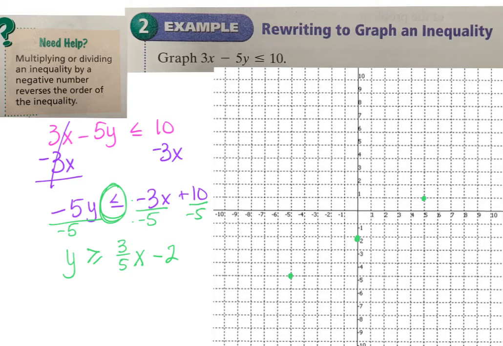But either way, you're going to connect your dots. This is a solid line because it's or equal to. And now that we have done this, we can see that we are going to graph above the line. And so we're going to shade above the line here. All right. So go ahead and try check understanding number 2, bottom of page 371.